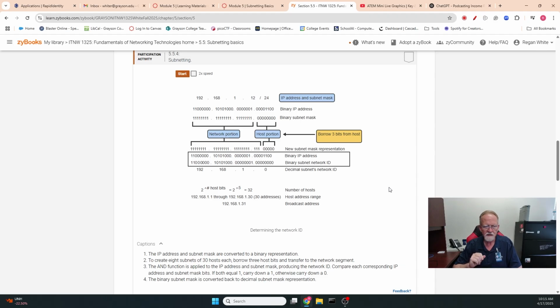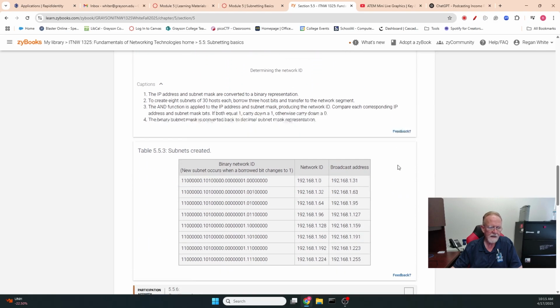You need to tell me the broadcast ID. You need to tell me the usable range. That means the whole range minus the 2 that you can't use. You need to tell me what the /CIDR is. Those are the pieces of information that you need to know. So if you'll work through these subnetting participation activities, that will show you how those things are done.